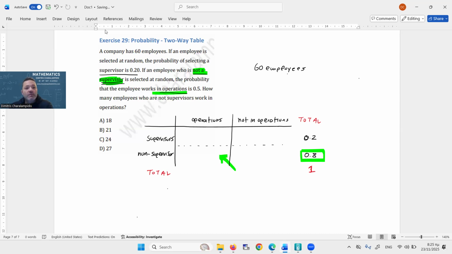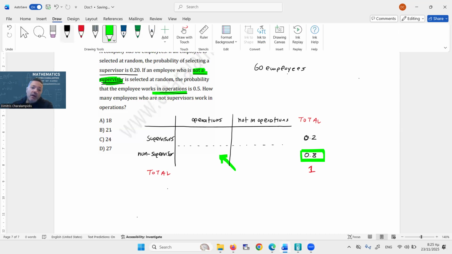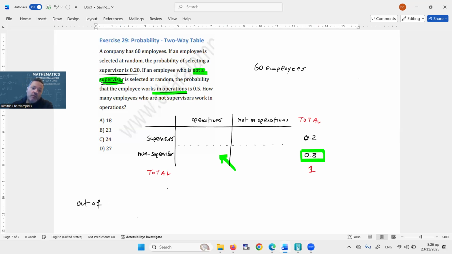0.5, which means that out of all non-supervising employees, 0.5, which means 50%, is in operations.